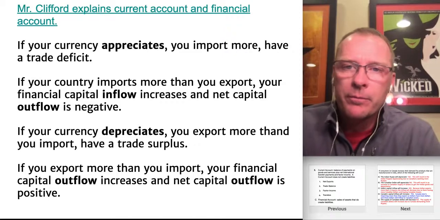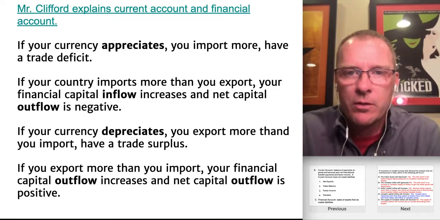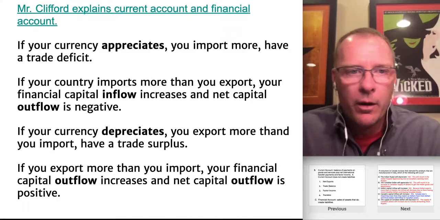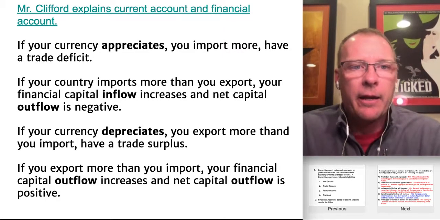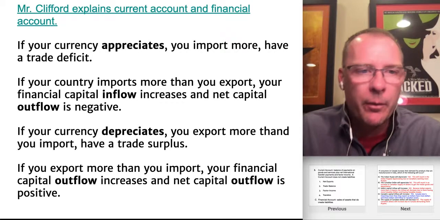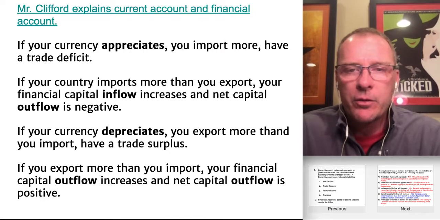Your net outflow is going to be negative because you're just paying for all sorts of goods, but it's because your currency is strong. If your currency depreciates, you export more than you import, and you end up with a trade surplus. So if you're exporting more than you import, your capital outflow is going to increase and your net capital outflow is going to be positive.